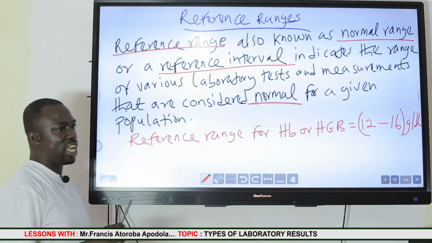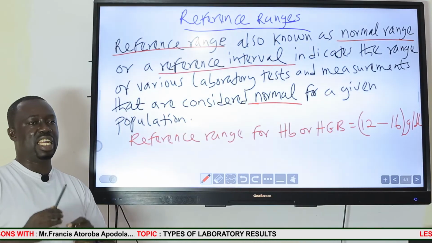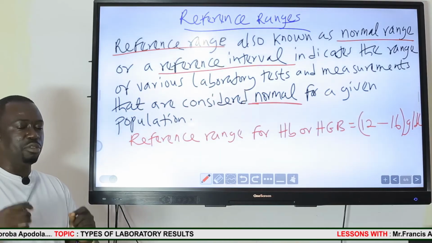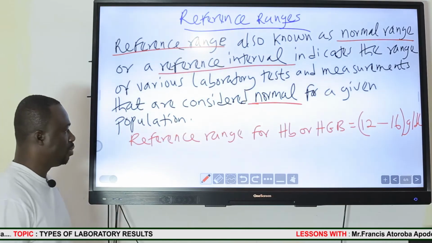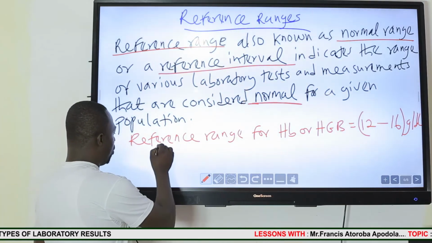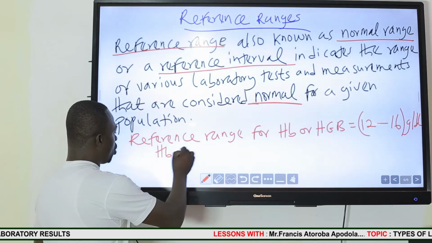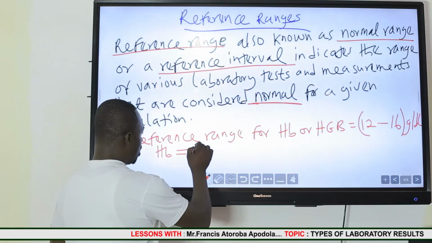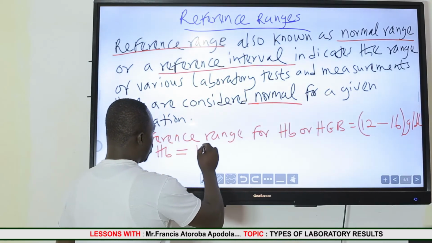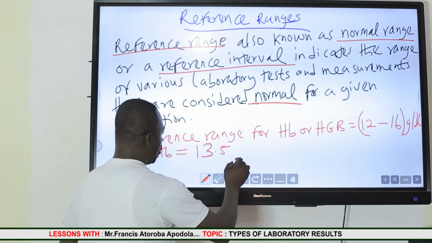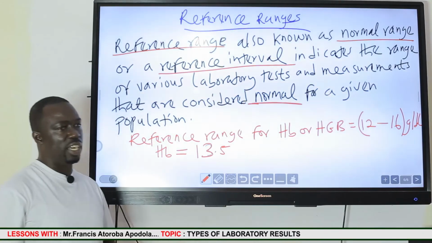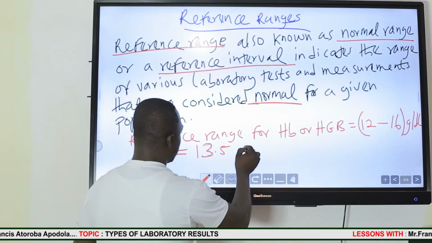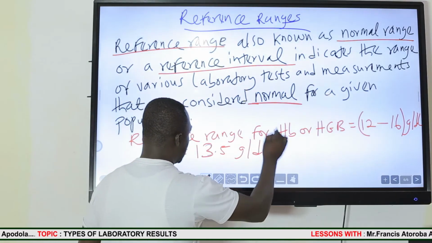So take for instance, you ordered an HB investigation for a patient, and the HB result that came from the laboratory scientist was, say, 13.5, and the individual is a female subject, so 13.5 grams per deciliter.